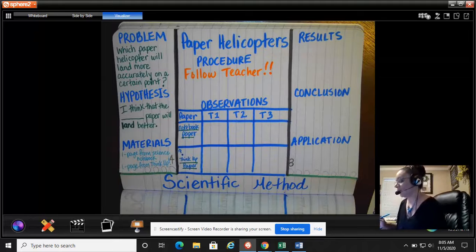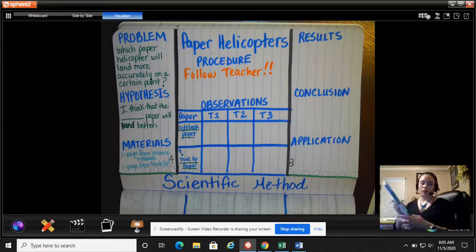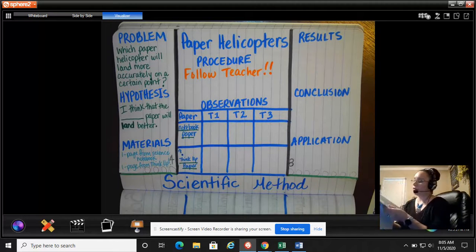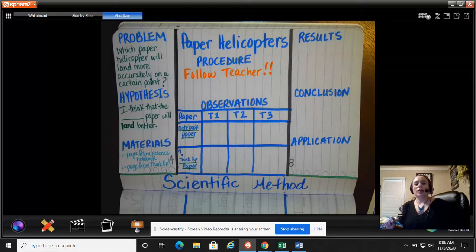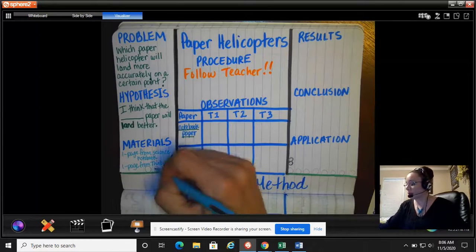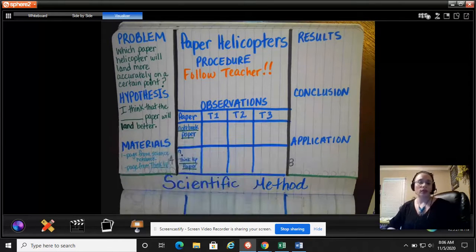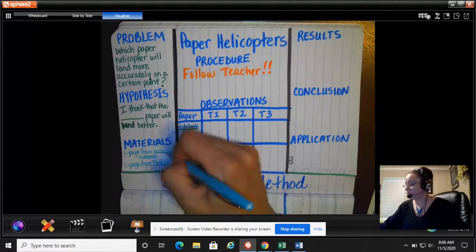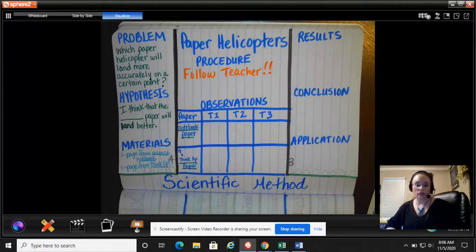If I have my Think Up book right here, at the very end, after the glossary, you have all these pages that are just for notes, and it says notes at the top. I'm just going to tear out one of those pages, and that'll be one part of my experiment that I'm going to use. I have to use a Think Up paper page, and I'm going to use a science notebook paper page.